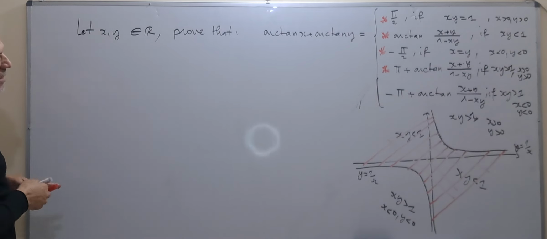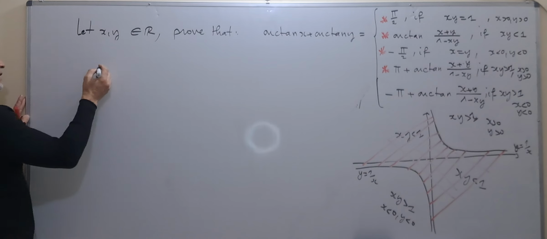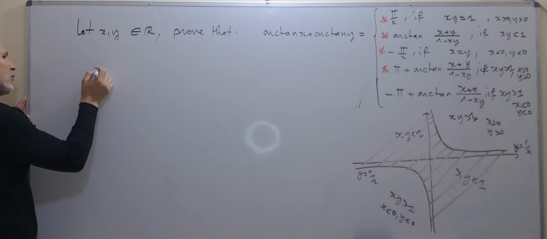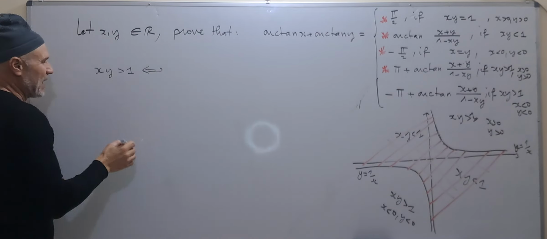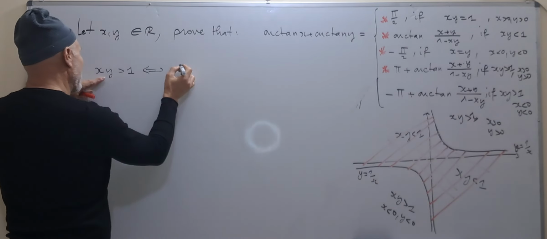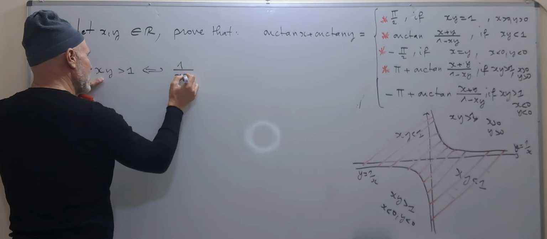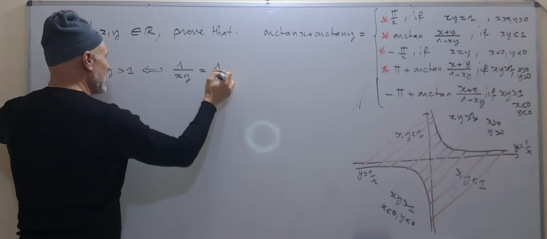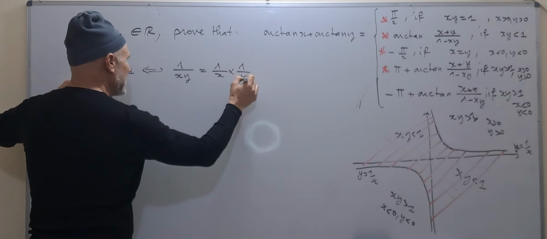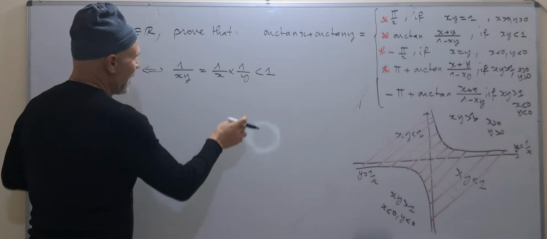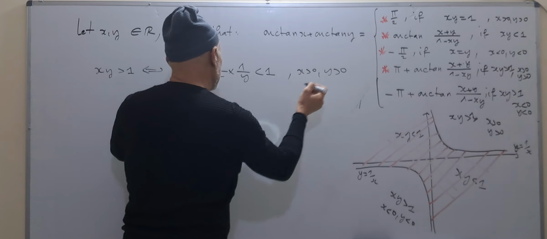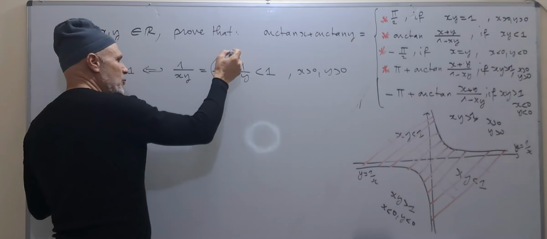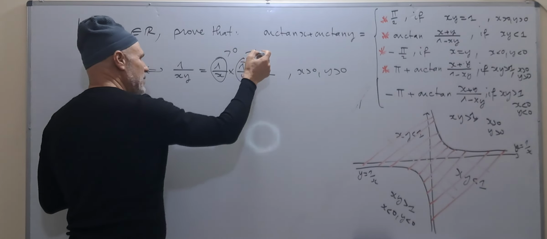Now, suppose that xy is greater than 1. If xy is greater than 1, this is equivalent to saying that 1 over xy, which is equal to 1 over x times 1 over y, is less than 1. X positive, y positive. So 1 over x is positive and 1 over y is positive.